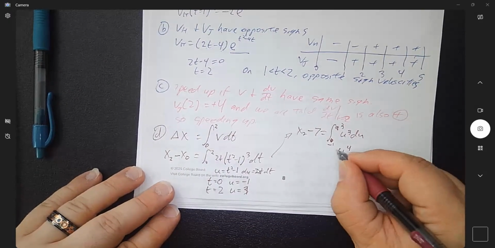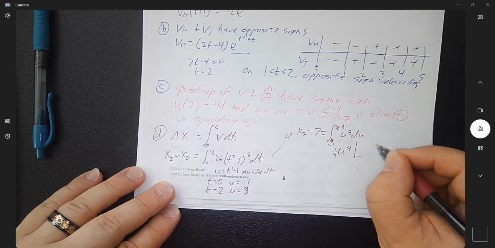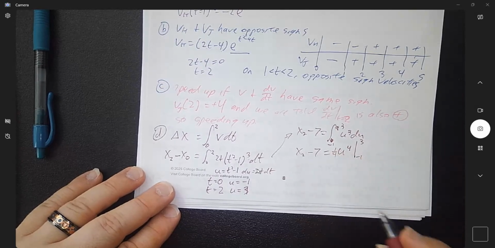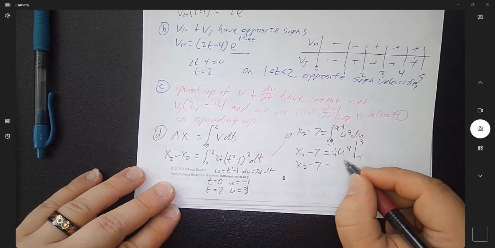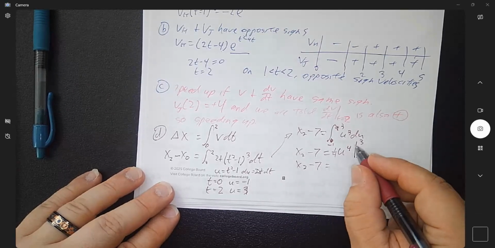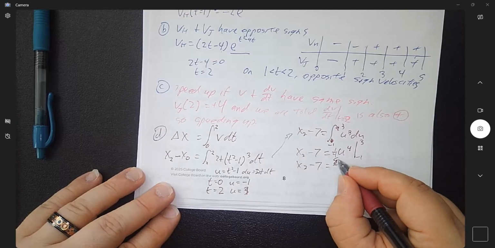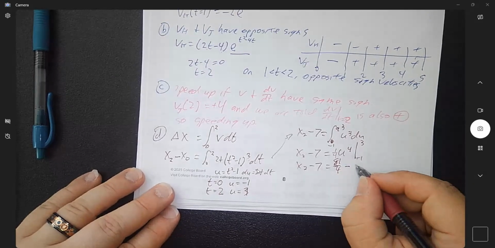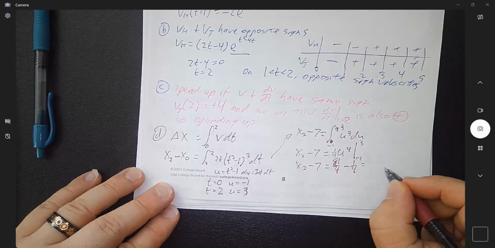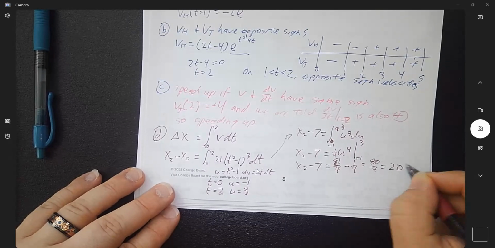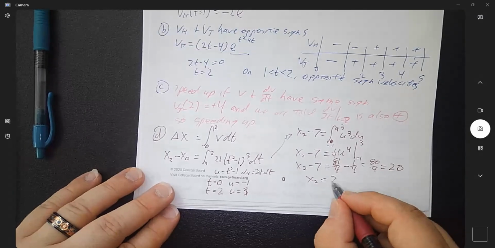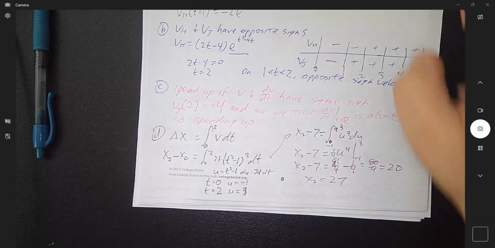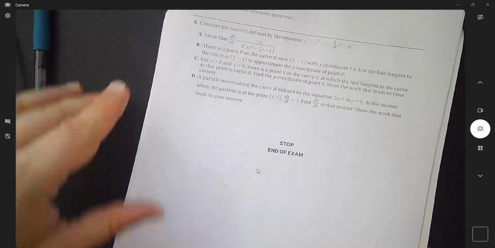So this is 1/4 u to the fourth from -1 to 3. x at 2 minus 7 is going to be 81 over 4 minus 1 over 4, which makes 80 over 4, which is 20. Gosh, these are such pretty numbers. I'm so happy. So x of 2 is 27. I hope that I'm right about that. Is this even given in units of meters or anything? No. Okay.